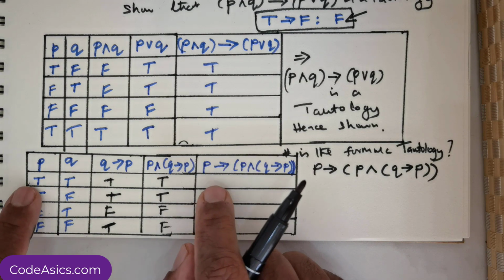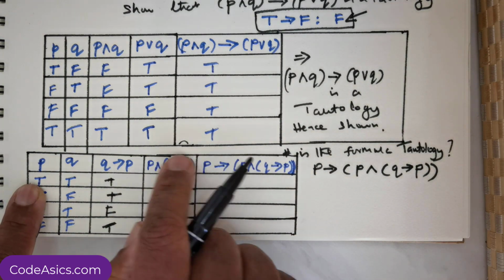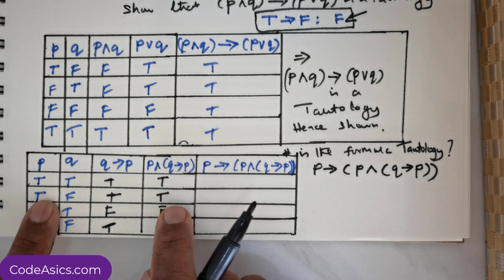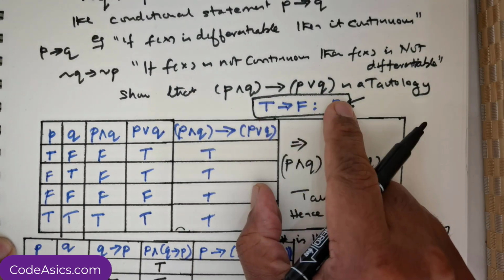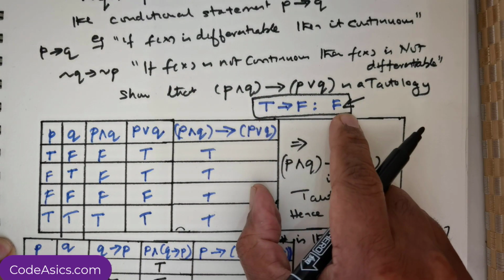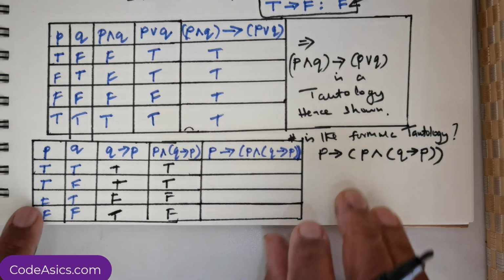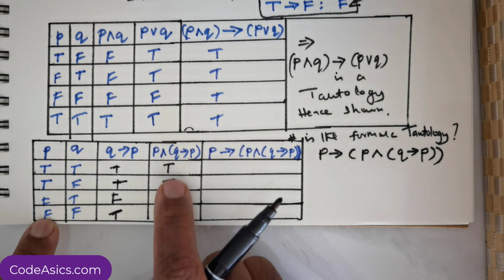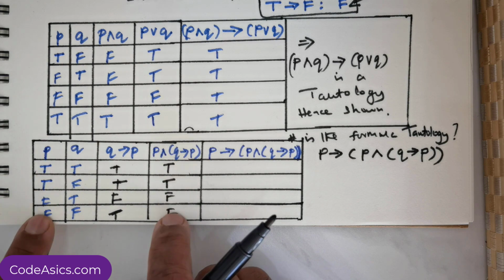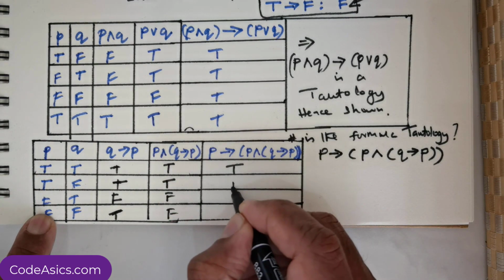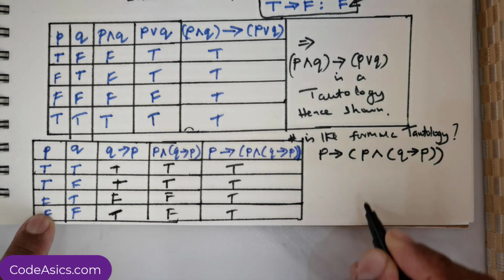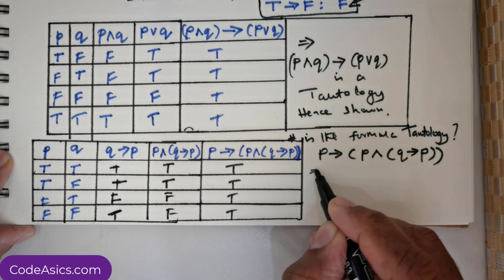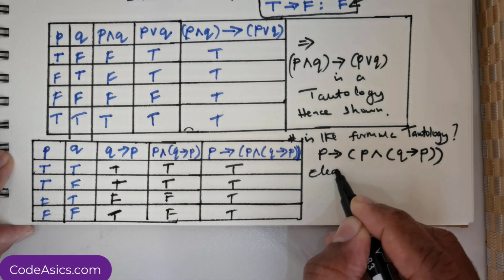Now I need to obtain P conditional of this entire quantity. So look for the tip. T to F is F. So is there a T to F? No. There aren't any T to F. Can you believe that? So the outcome is going to be T, T, T, T. So this means, clearly, you can state it like that.